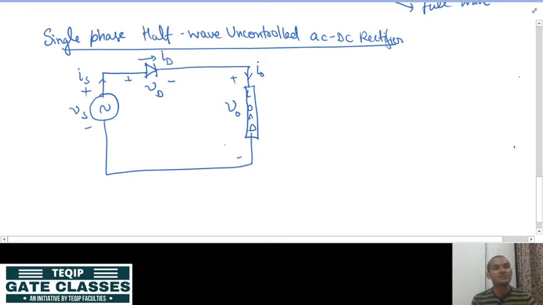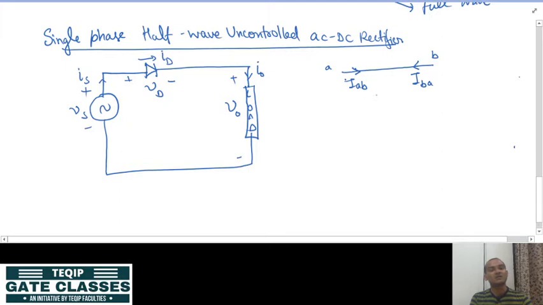The importance of reference is that if you don't define it, you cannot say whether a voltage or current is positive or negative. Take a very simple example: suppose this is a wire, this point A, this point B. The current can be bidirectional in this wire. The current can flow from A to B, let us say IAB, or from B to A, IBA. If I ask you which current is positive and which is negative, you cannot tell me.